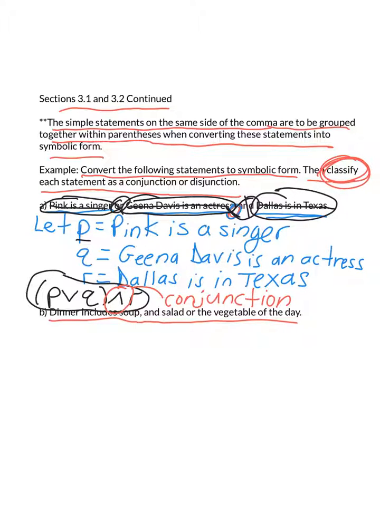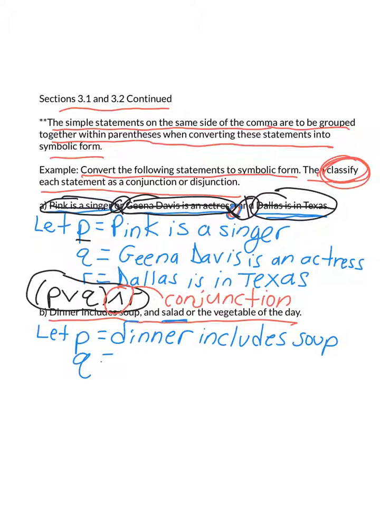So step one, we've got to assign our letters to represent each of the ideas again. So let P represent, we go back through the sentence, that dinner includes soup. The second idea is that dinner includes salad. I'll just shorthand it to include salad.